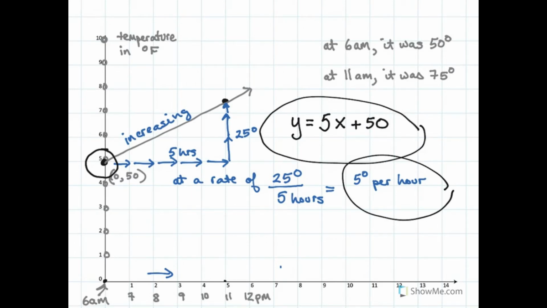Isn't that neat? The rate is the multiplier for the x, that's the slope. And the constant here, the 50, is the starting point. It's called the y-intercept. So the equation and the graph are very closely related. The numbers from the equation appear in the graph, and the numbers from the graph are right there in the equation.